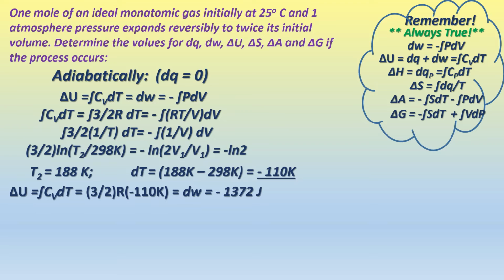Since everything's connected in the problem, since heat was 0, that's also going to be the value for the work performed by the system. Similarly, the enthalpy is defined as the integral of Cp dT, with the heat capacity at a constant pressure being 5/2 R and a change in temperature of minus 110 degrees. You get a change in enthalpy of minus 2,286 joules.